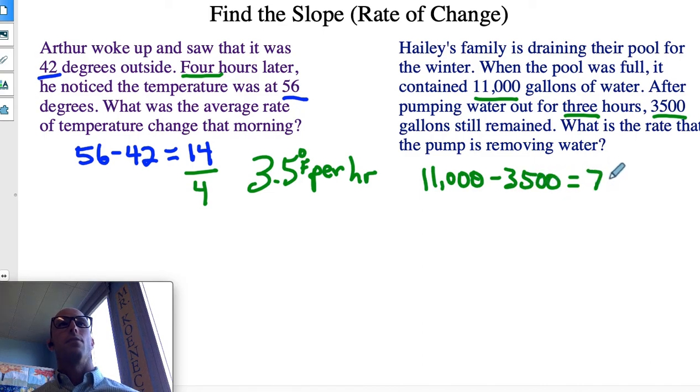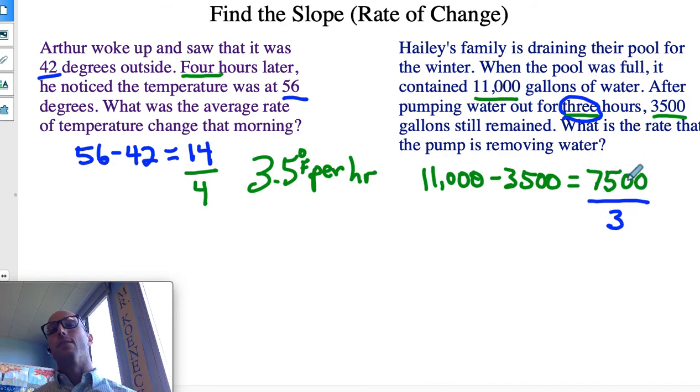I think that's 7,500. You can check my work on that if you want. That's the amount removed, but that's not the rate, because this was over 3 hours. So it's 7,500 gallons every 3 hours.